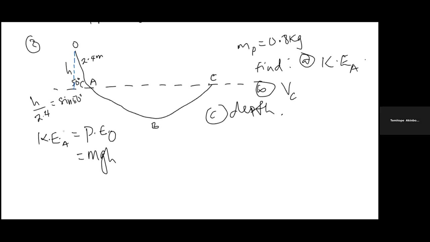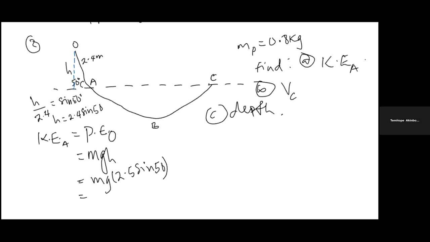So what does that mean? H is 2.4 sine 50. So we have mg times 2.4 sine 50. Then you can substitute the mass. What's the mass? 0.8.